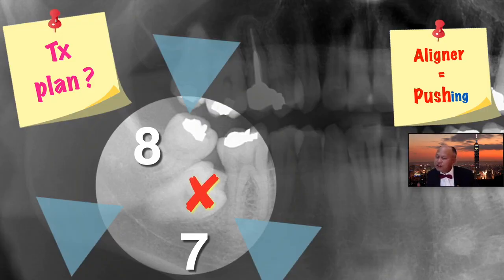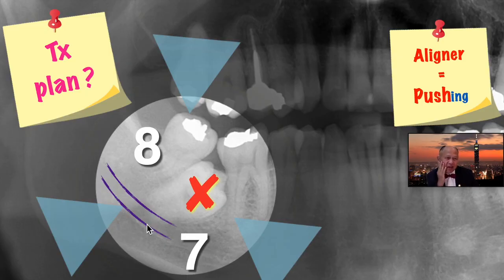Well, if you do that, let me remind you: in most horizontally impacted second molars in this situation, the root is entangled with the nerve. If the oral surgeon takes it out, they might tear the nerve, and when the nerve is torn, the patient cannot kiss, and they don't like it.